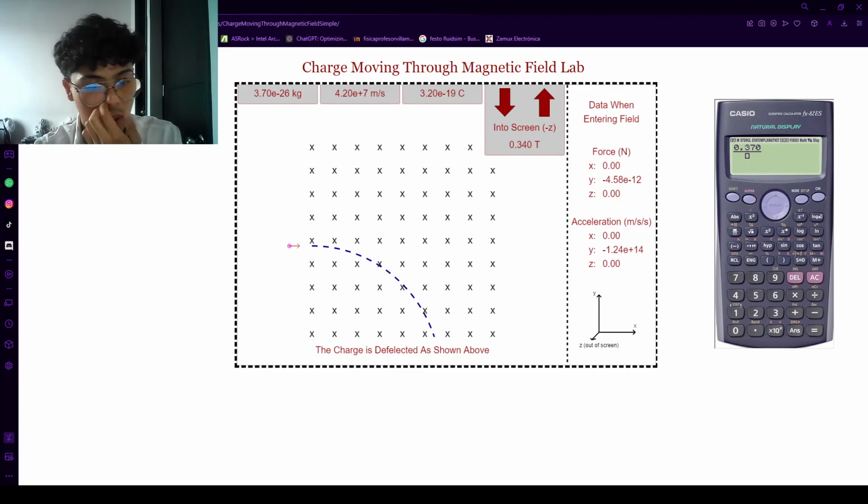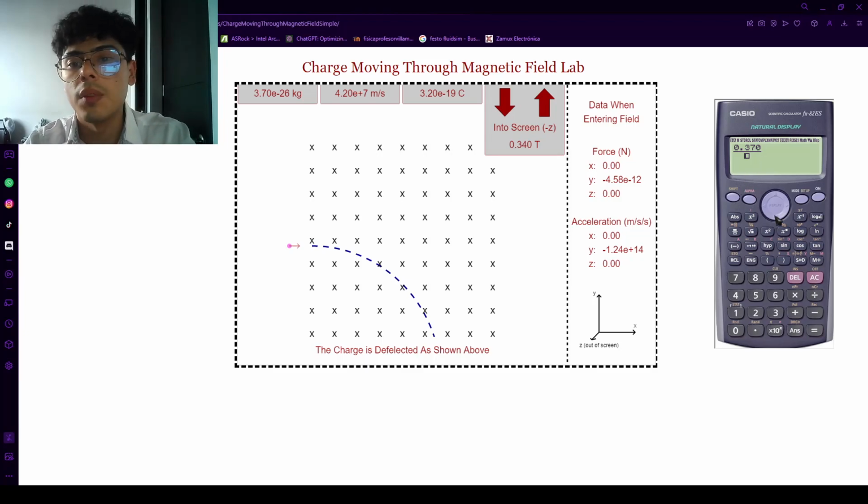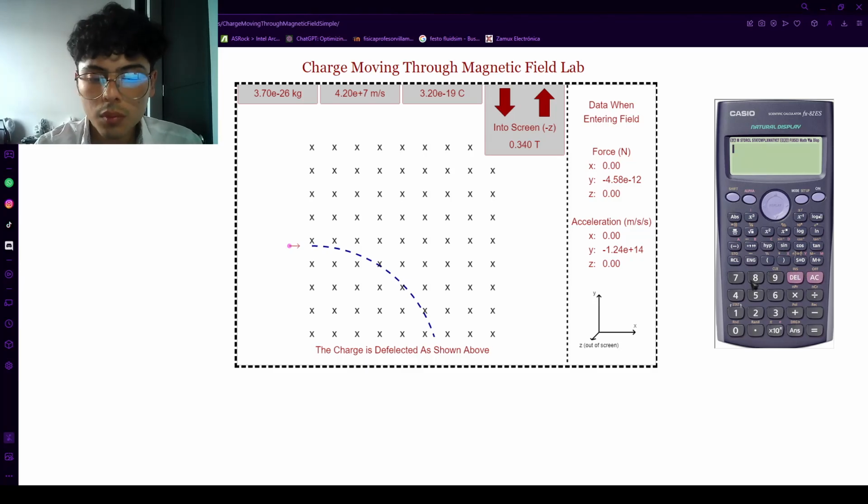So we take our calculator and put in the formula, which will be in parentheses.